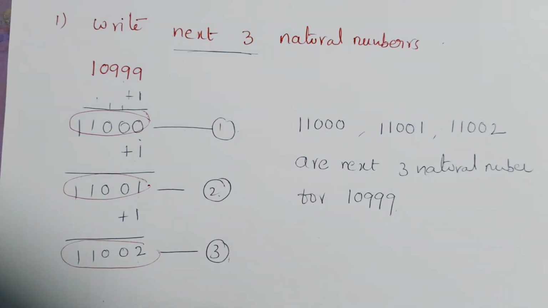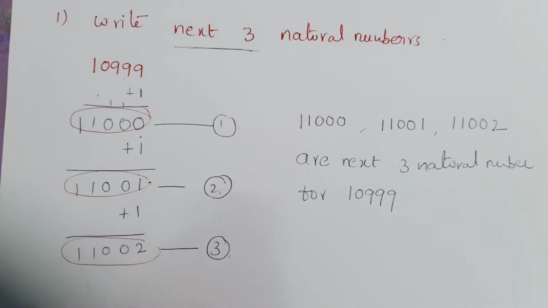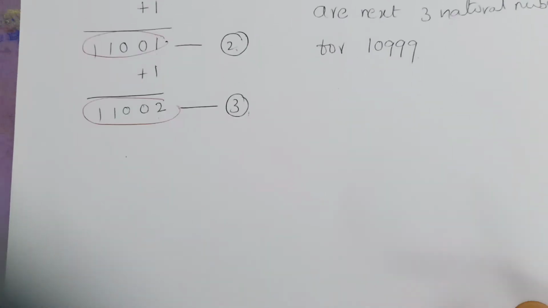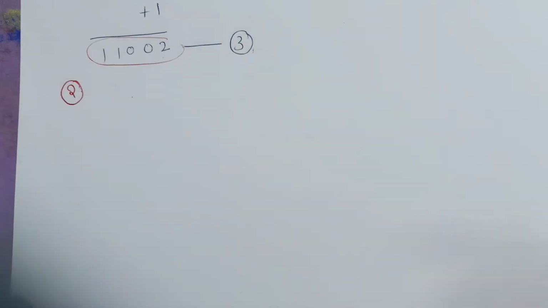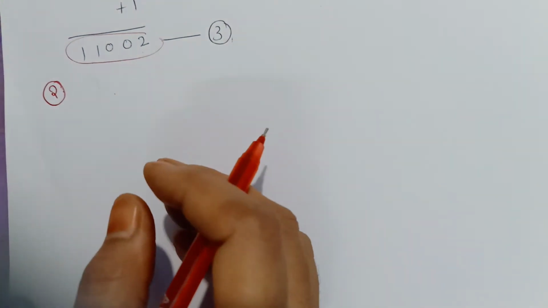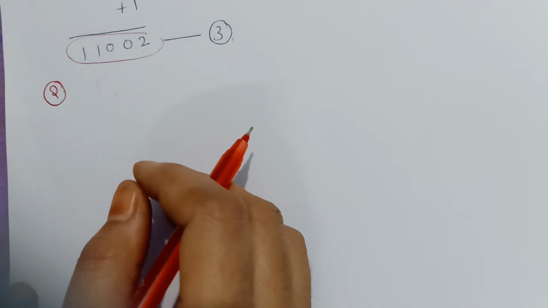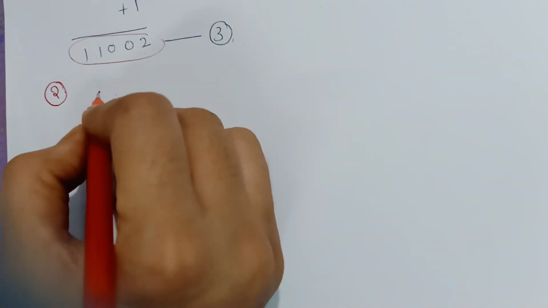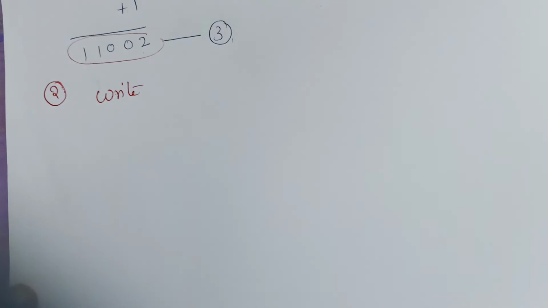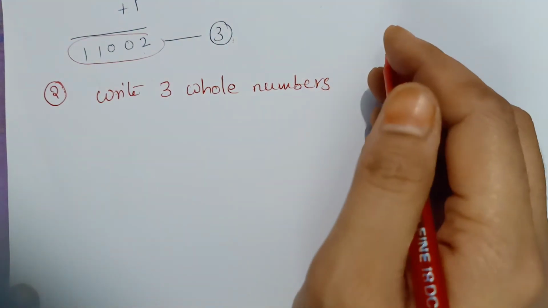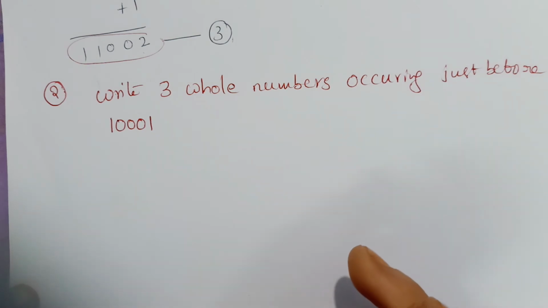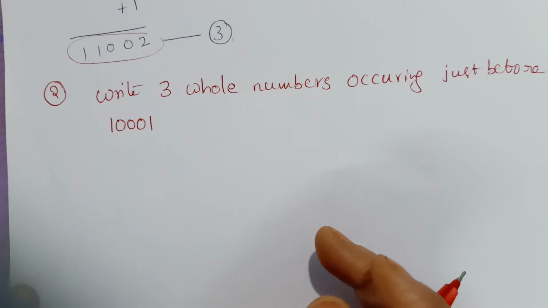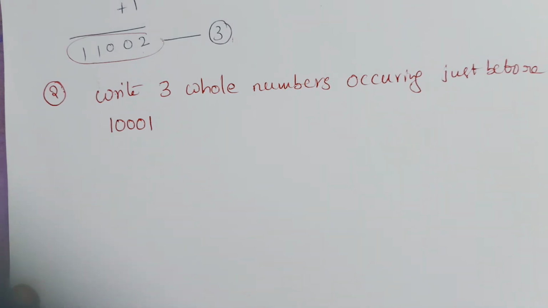Okay, next question. Write three whole numbers occurring just before 10001.